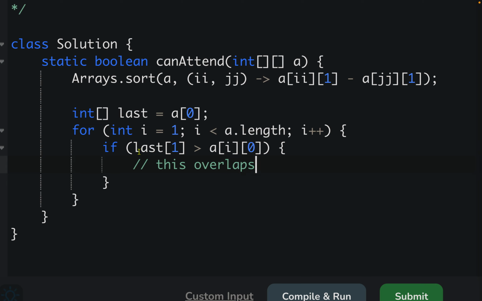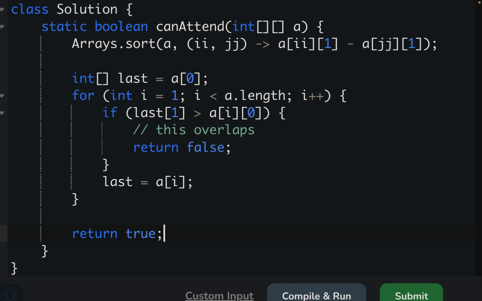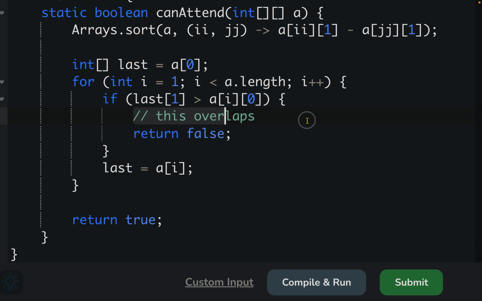Why? Because the last hasn't even ended yet, and how can I attend the upcoming meeting? So this is an overlap, and hence I'm returning false. Obviously if this doesn't happen, then the last meeting I have attended is A of I, so I'll update last equal to A of I, and ultimately I'll return true, because there is no case of overlaps and hence the answer is true.